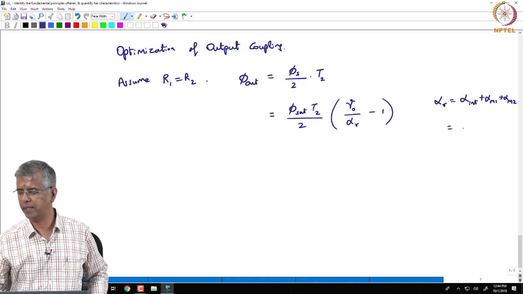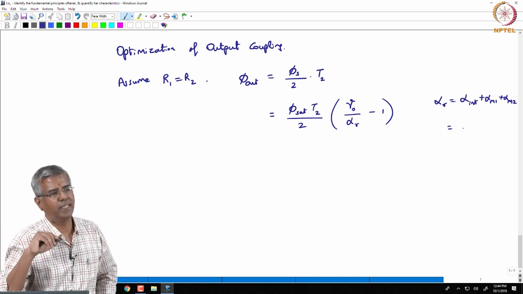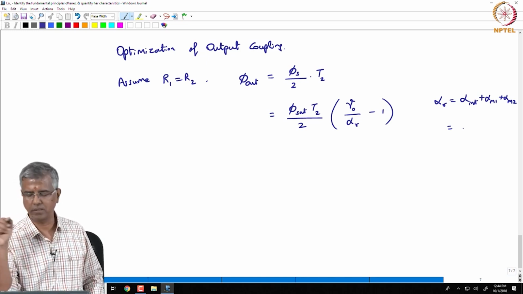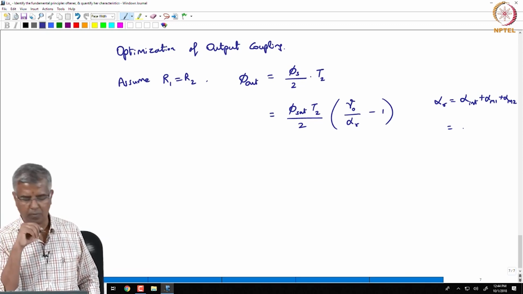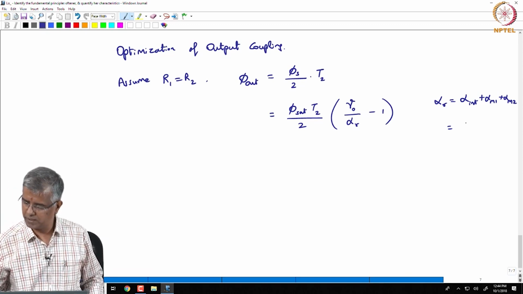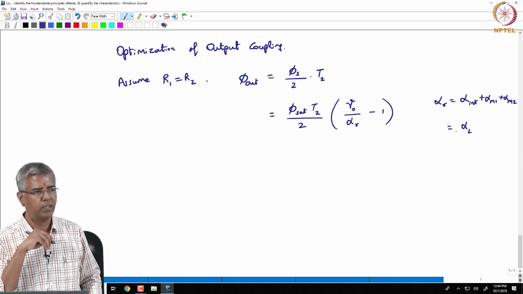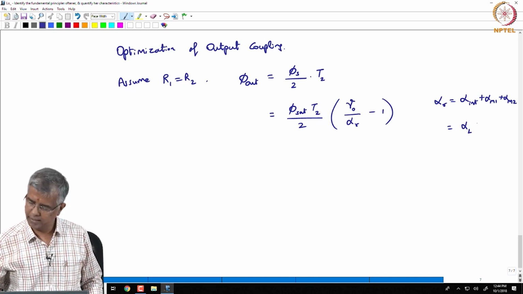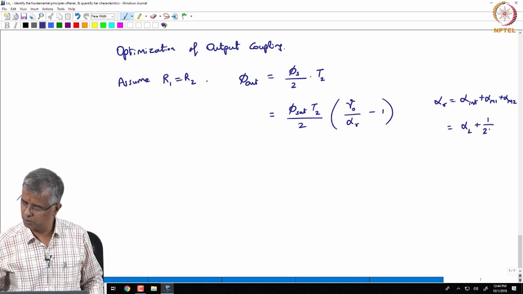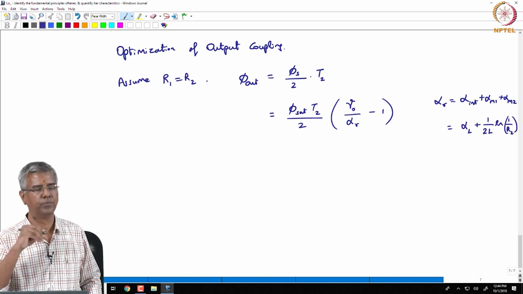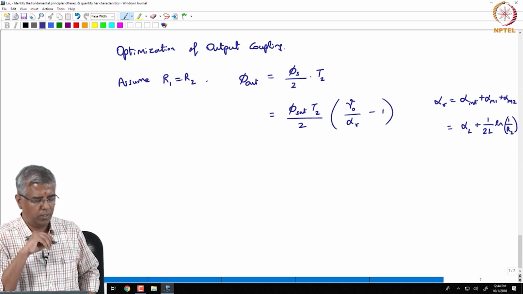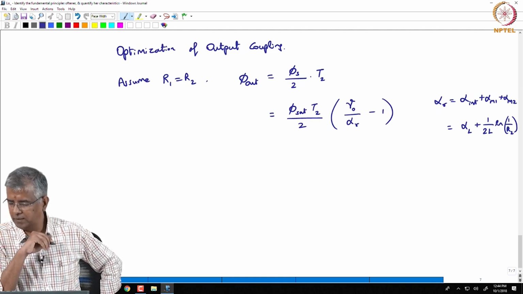I want to isolate alpha m2, because that is what I want to optimize. So, alpha int plus alpha m1 is alpha L, and alpha m2 is 1 over 2L ln of 1 over R2.